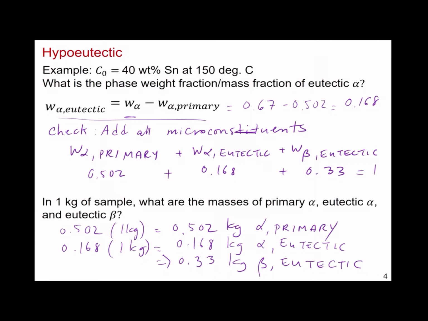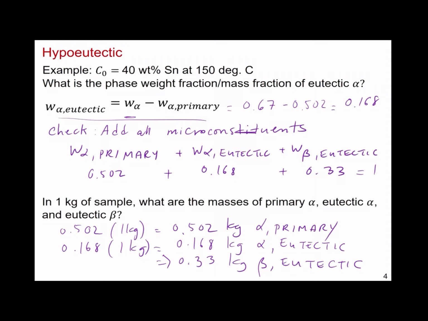You only see it after the eutectic transition temperature. And so at 150 C, you're already after that. So the only beta that you'll ever see at that composition and temperature is the eutectic beta, which means it's only in the lath, it's not in the blobs. Okay? It's in the stripes, not in the blob.